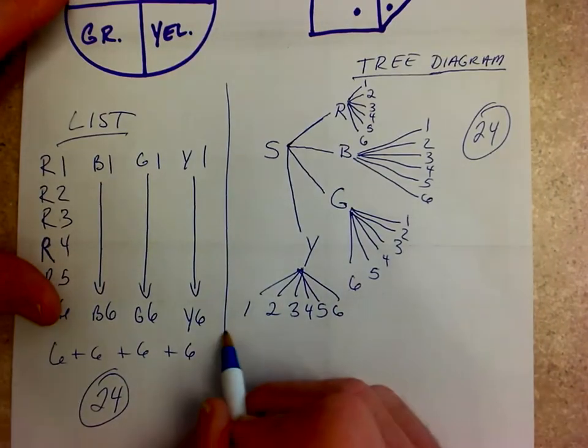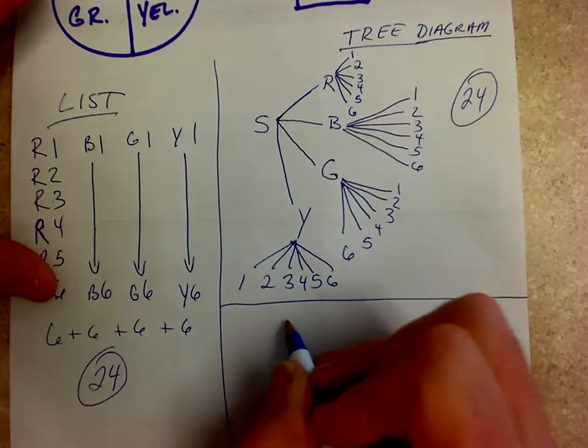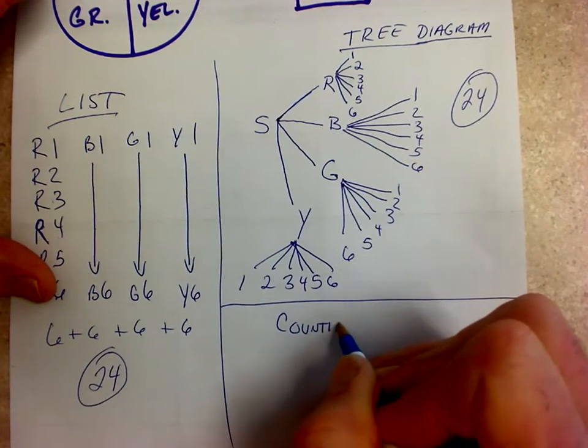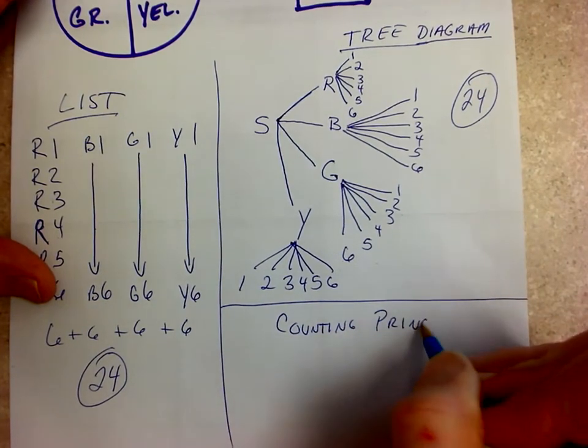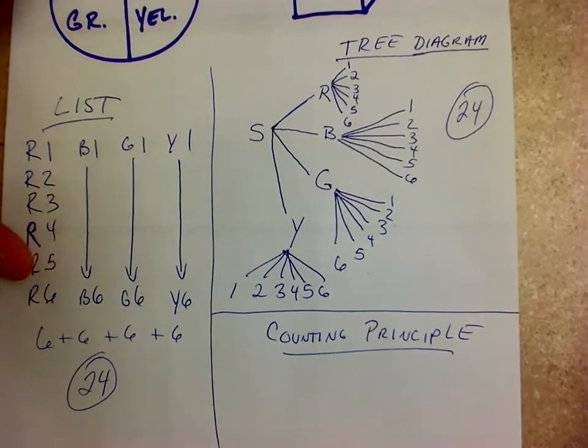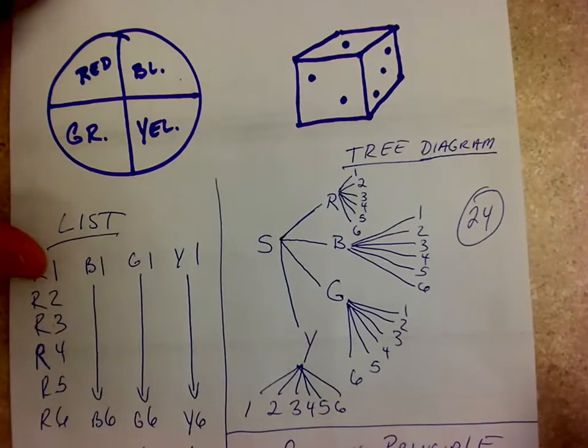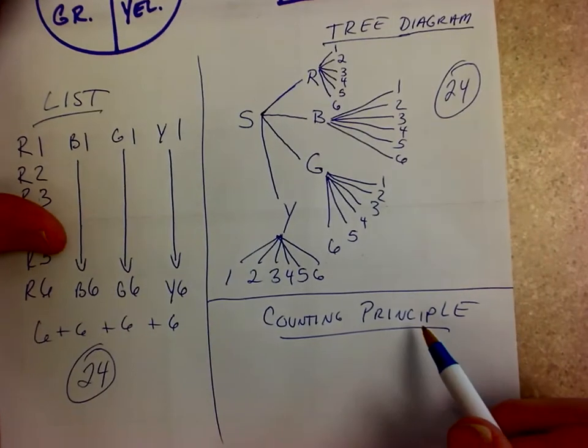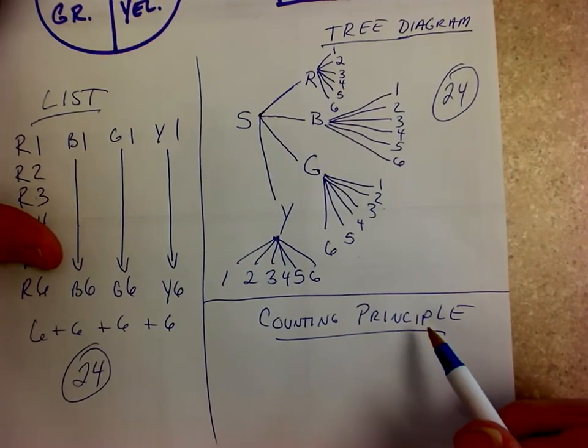And then obviously, we're always looking for the super duper shortcut. All we have to do here is apply our counting principle. If we want to count up combinations, the counting principle says all we need to do is multiply our parts together.